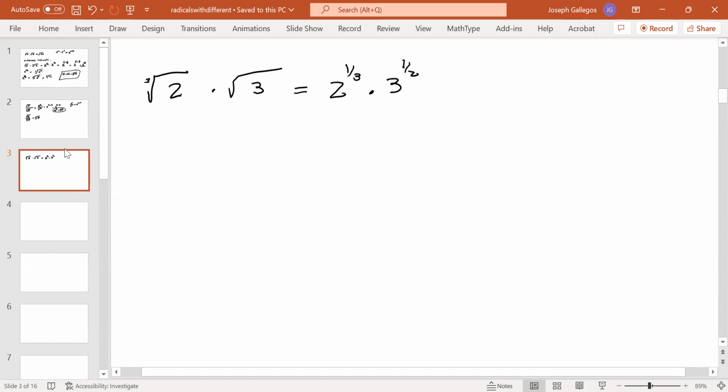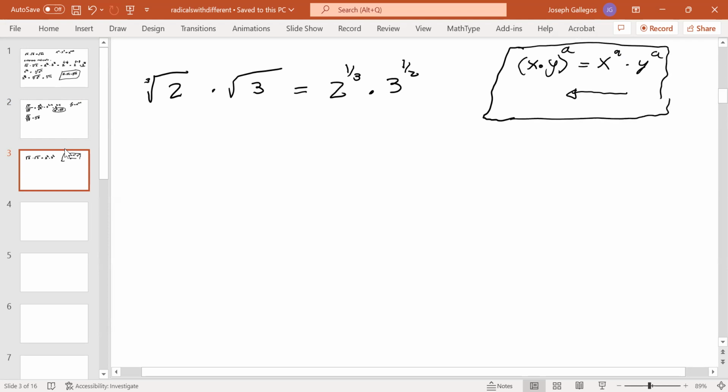And now ideally, the property we want to use says that if you have x times y all raised to some power, this is x to that power times y to the same power. And so we're going to use this property in that direction. So we want to ask ourselves, can we make those powers the same, right? And not only the same, can we make them have maybe a common denominator, right?